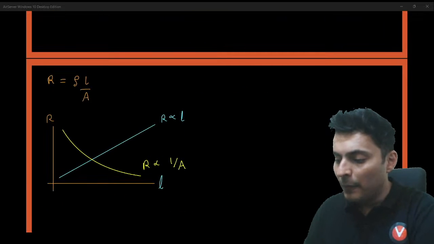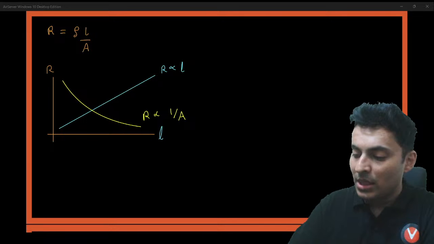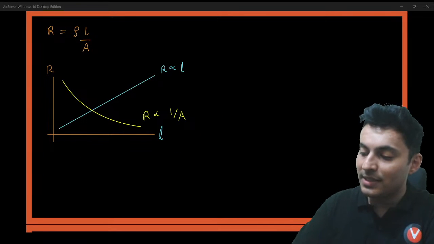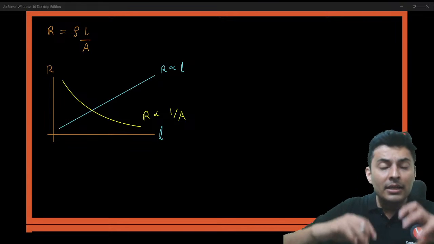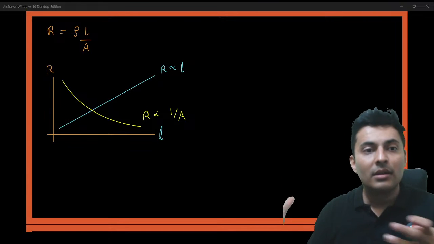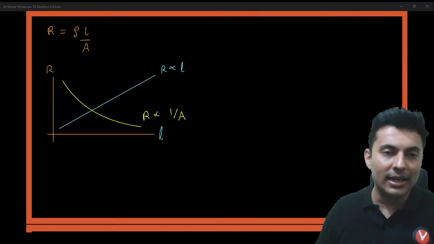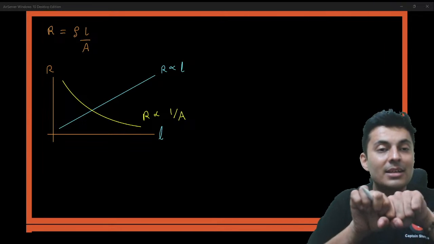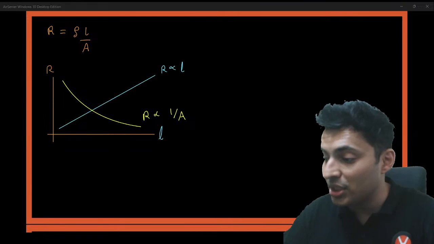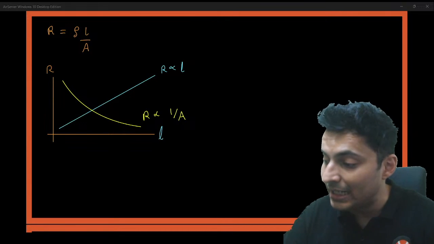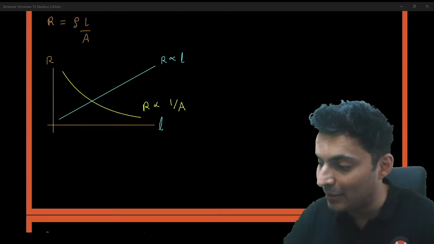Very good. Now, understand that when I wrote resistance is directly proportional to length, this means you have taken another wire of a longer length. It's not that I have pulled the wire and elongated it. When those questions come, the answer is slightly different. Be careful.